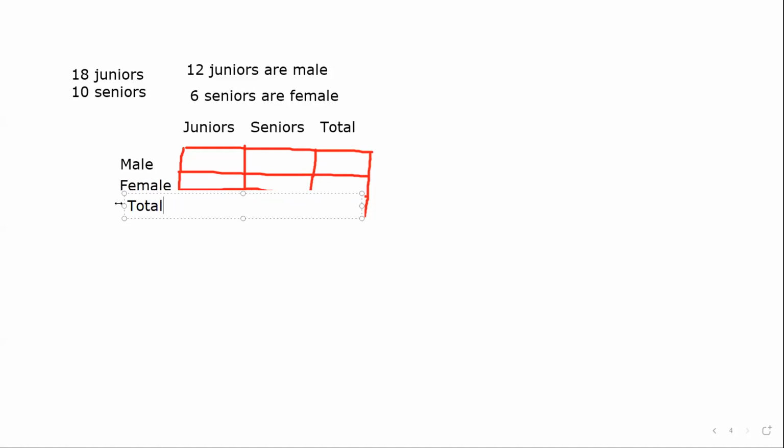All right, so we have a total of 18 juniors. That means I'm going to put my 18 here. I have 10 seniors, which means I have a 10 here. Which then means I have 28 people.